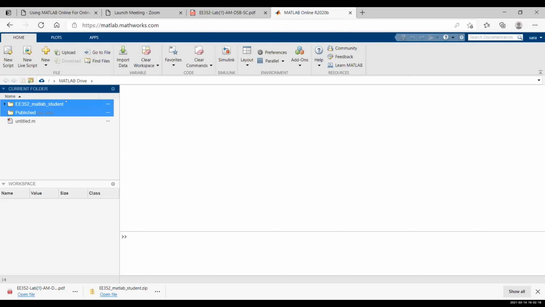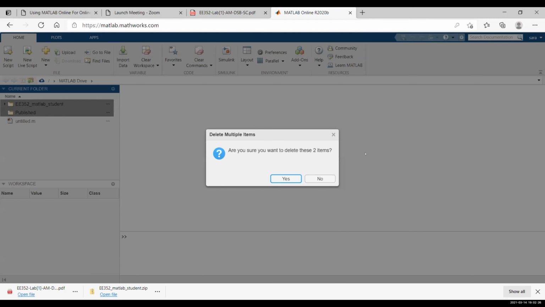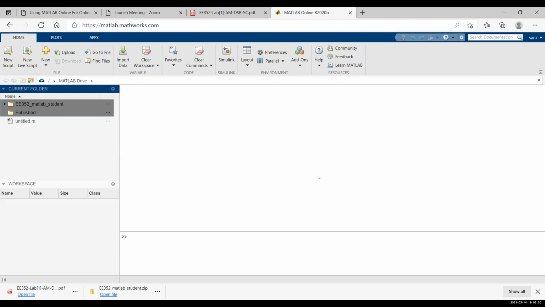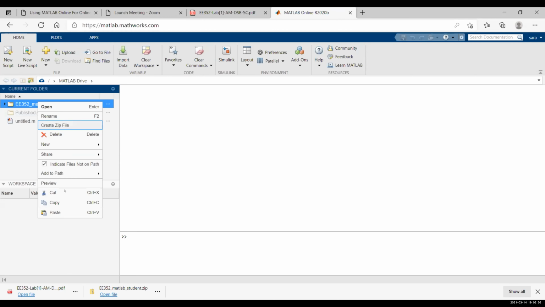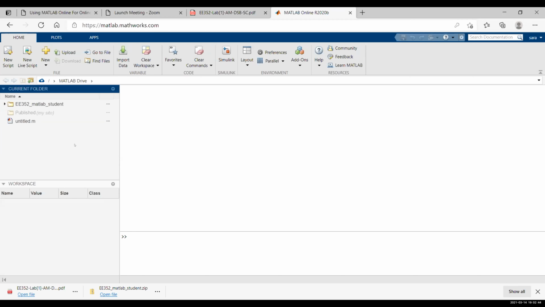Right click on it. And then click... No, wait. Why are you deleting these items? Right click. And then click add to path. And then click select folders and subfolders. Now your MATLAB is ready.